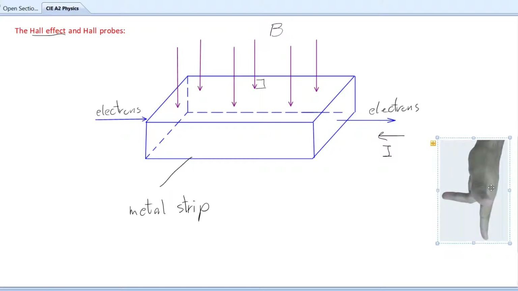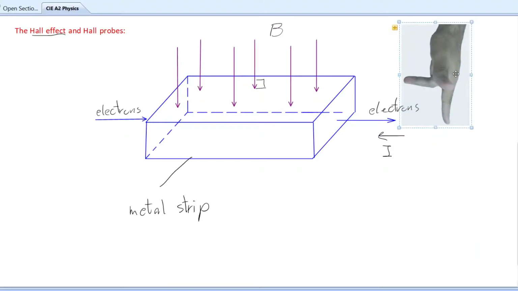Now, the field here is pointing down the page, and the current is to the left, you'll find that the thumb is pointing out of the page, which means that these electrons will accumulate on this side here. So this side will become negatively charged, leaving the other side positively charged.